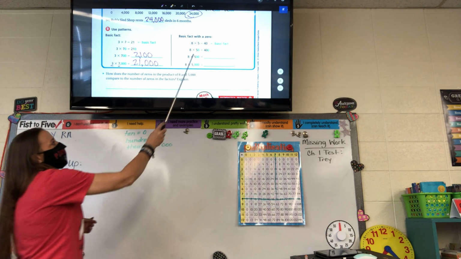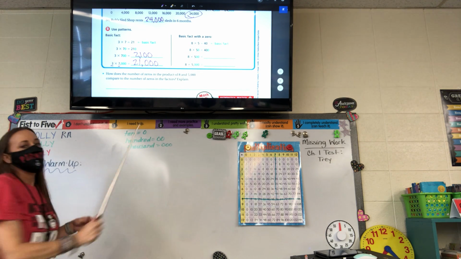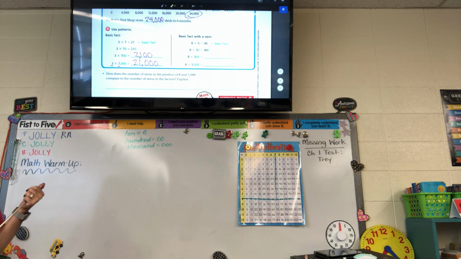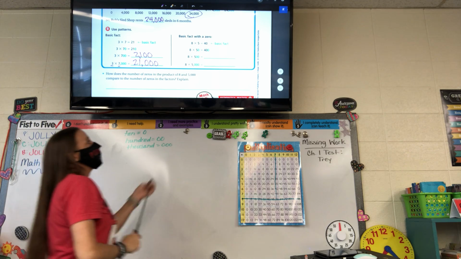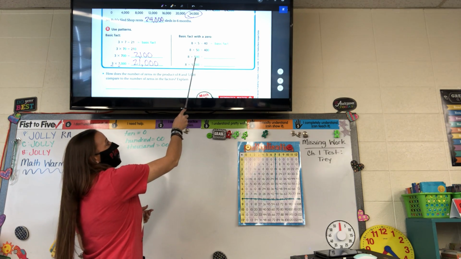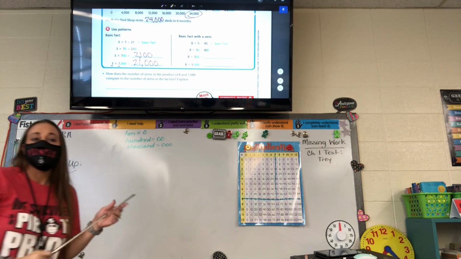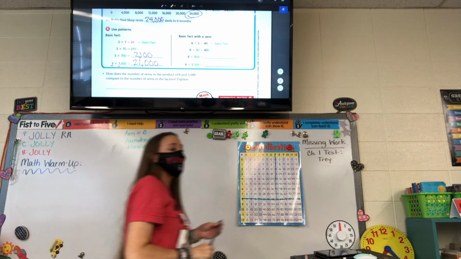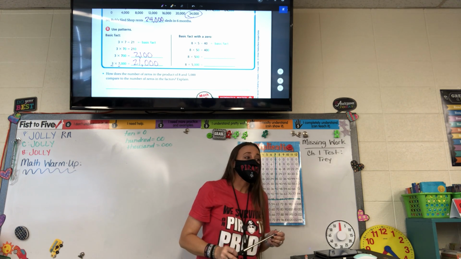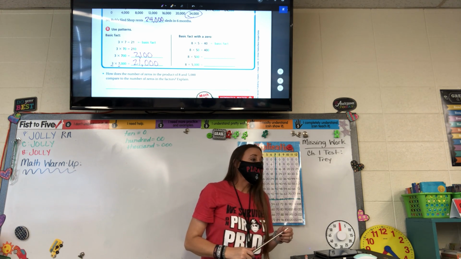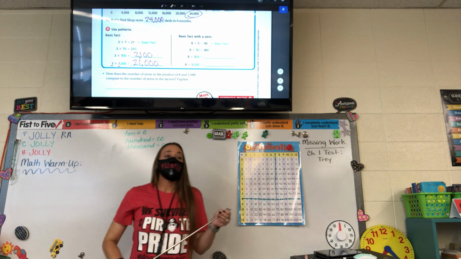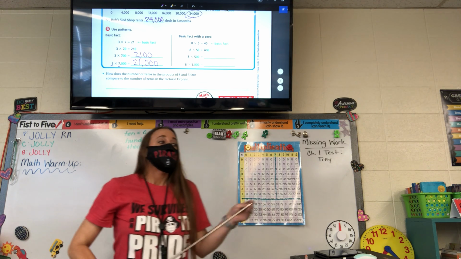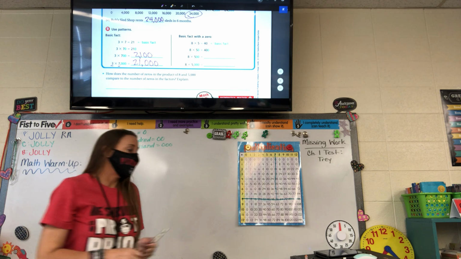So we're only going to bring over the number of zeros that are in the factors, not including the basic fact. They don't have to match. They don't always have to be the same, in the case when our basic fact has a 0 in its product.